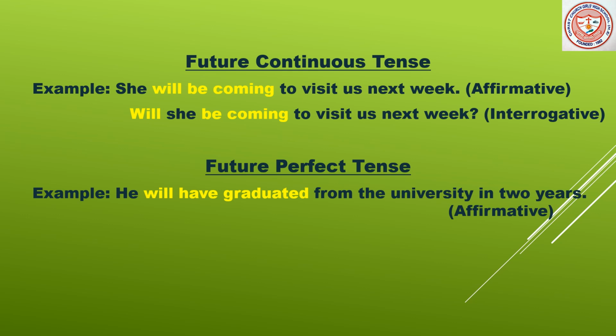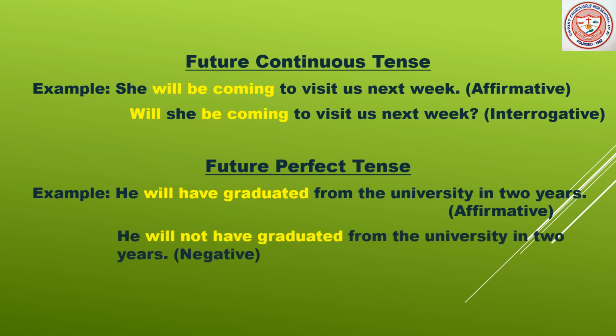Here we have used future perfect tense to talk about an action that will be completed by a certain future time. Next one: he will not have graduated from the university in 2 years. This sentence is related to the future perfect tense, and this sentence has been turned into a negative one from the affirmative sentence.